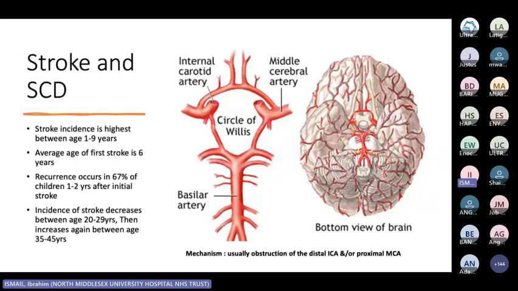It's very upsetting, and it makes you obviously want to help as much as you can. And the average age of the first stroke is usually 6 years old.